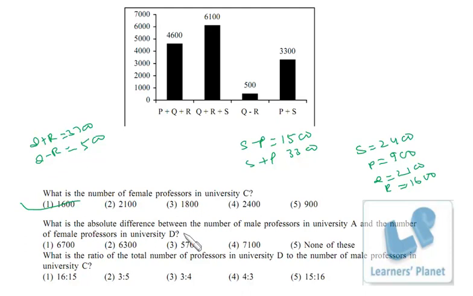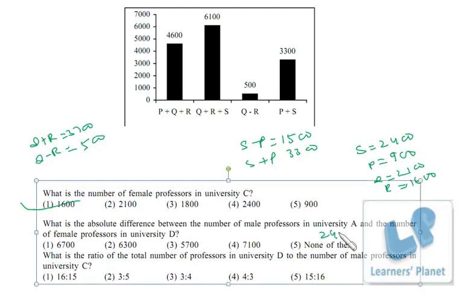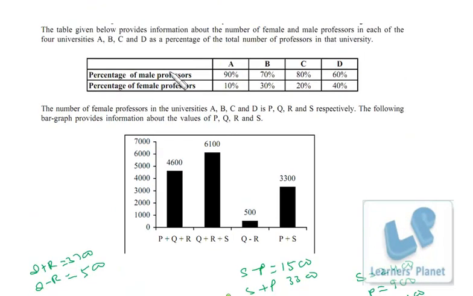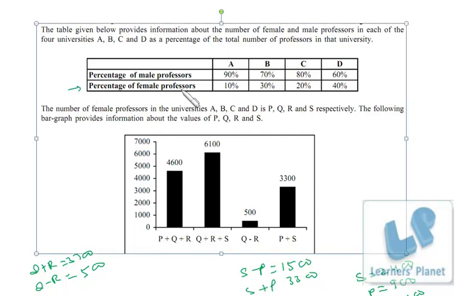What is the absolute difference between the number of male professors in University A and number of female professors in University D? Female professors in University D is S, that is 2400, I write over here, and number of male professors in University A. Now number of female professors in University A is 900, right? So 10% is actually 900.